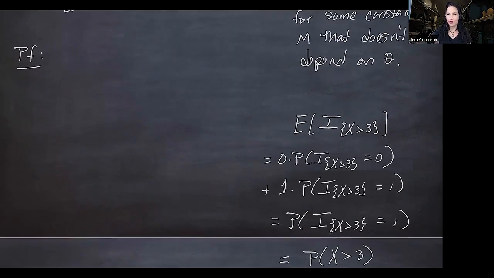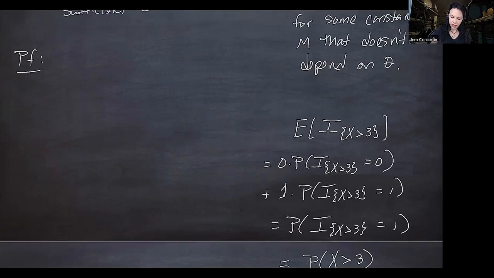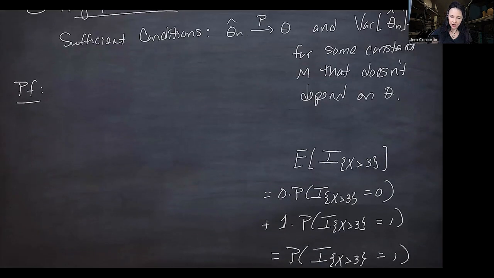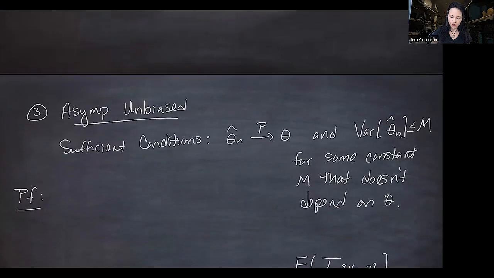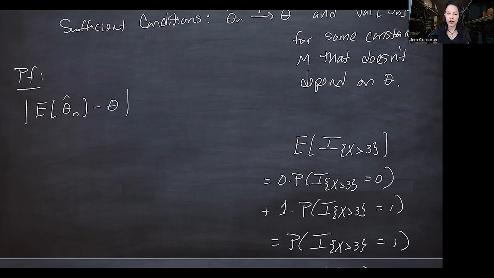Okay, so back to the actual proof here of asymptotic unbiasedness. We want to show the limit, so let's consider the absolute value of the expected value of the MLE minus the true value of the parameter. I want to show that this is getting small as n gets large.